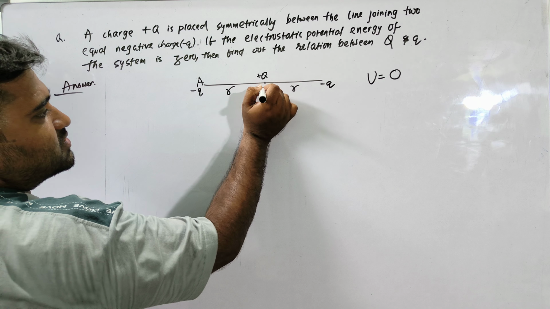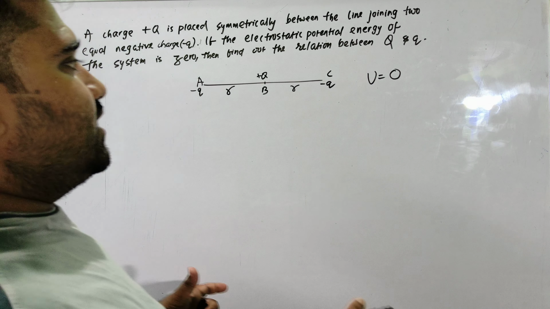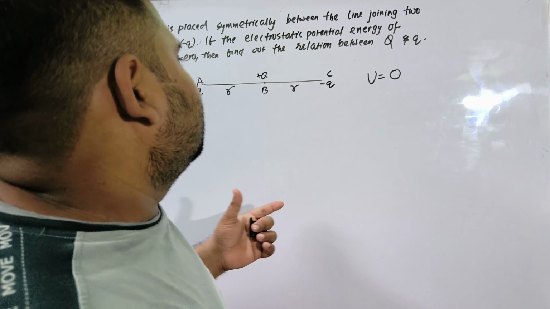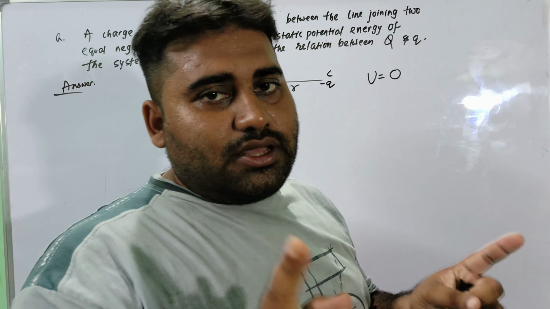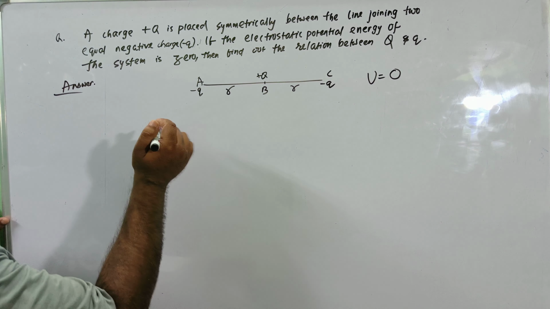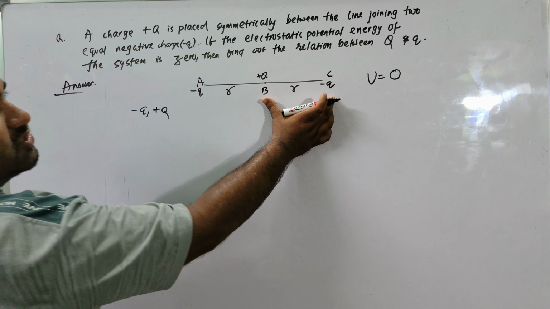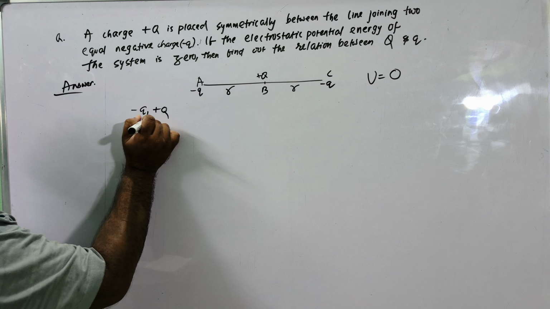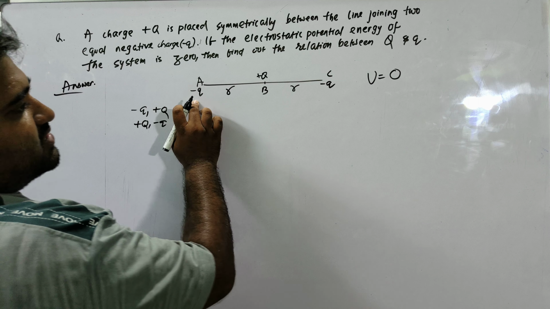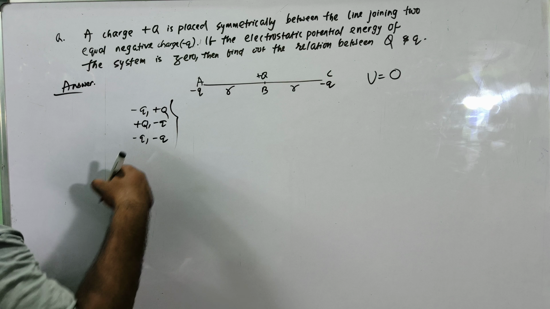This point is A, this point is B, and this point is C. You need to calculate the individual electrostatic potential energy of those pairs. What are those pairs? One pair is minus q and plus Q, the other is plus Q and minus q, and the other pair is minus q and minus q. These are the three pairs you have.